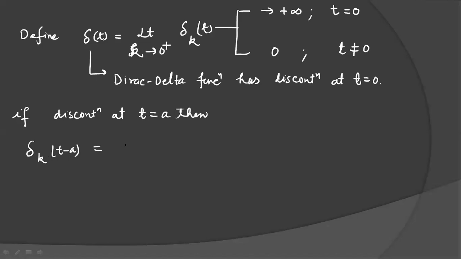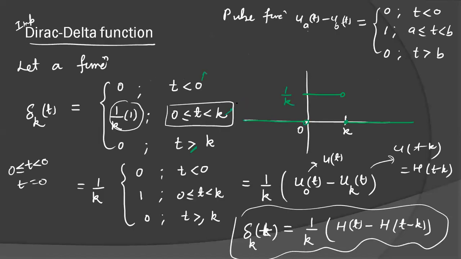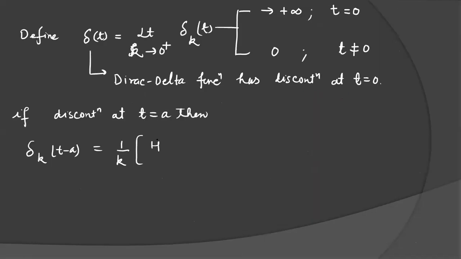Similarly, we can write 1 over k times, where previously it was ht minus k, and we have shifted t to t minus a. So it becomes h of t minus a minus h of t minus a plus k.